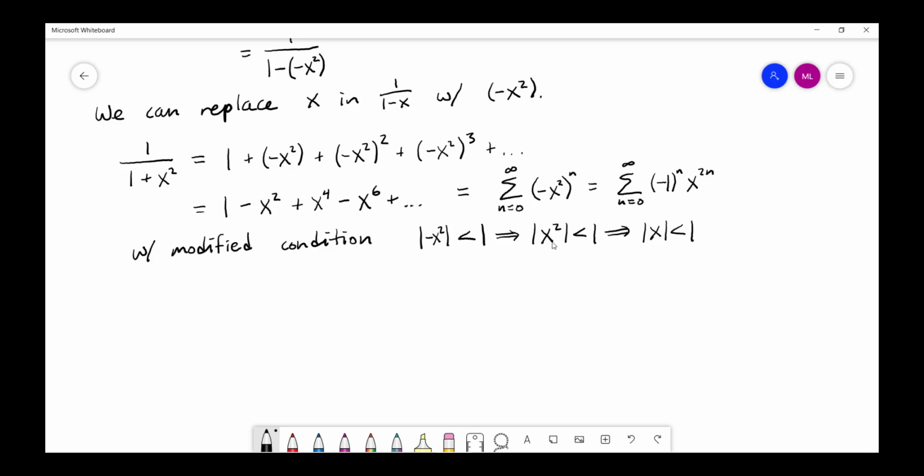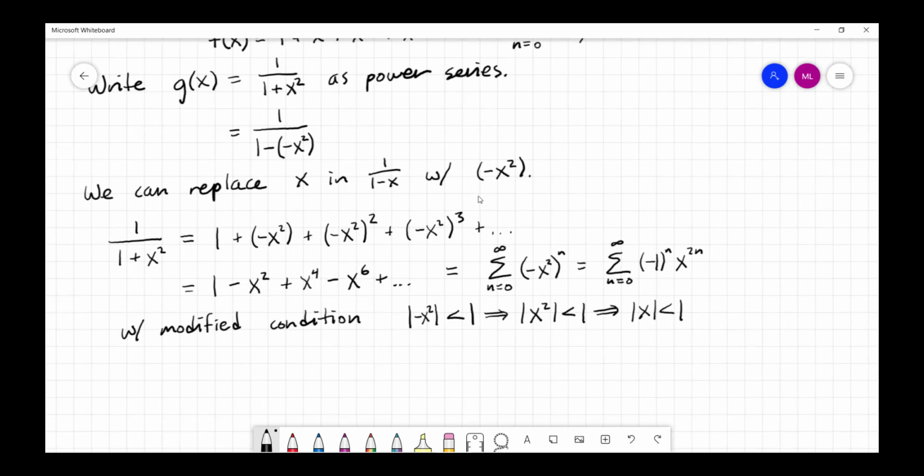If x is greater than 1, then x squared would be greater than 1. If x is less than 1, then x squared would be less than 1. So if 1 is our cutoff here for x squared, it's also the cutoff for x. They have the same relationship. And so we wind up in this case with the same condition. And we have the same condition because this is still a geometric series with just a different argument being plugged into it, essentially.